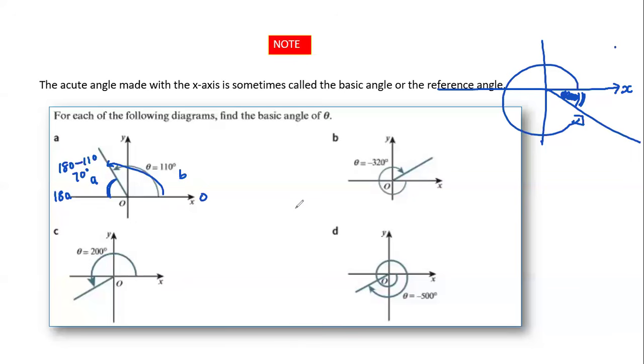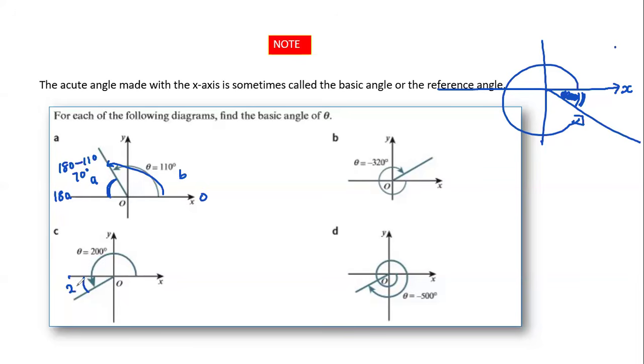Okay, don't run away. Come back. We are on part C. Are you seeing part C? You tell me which angle is going to be close here to the x-axis. 20.